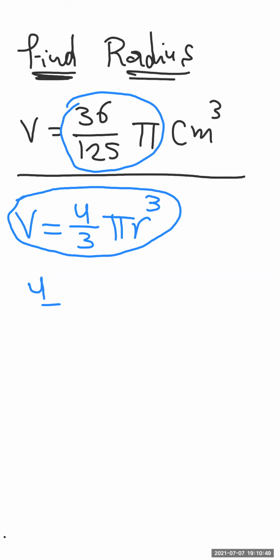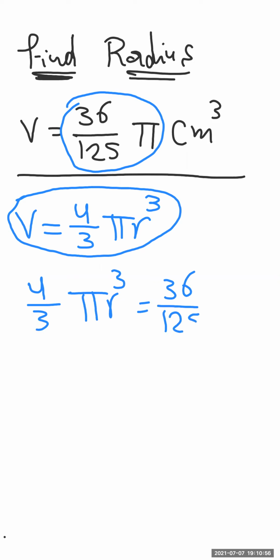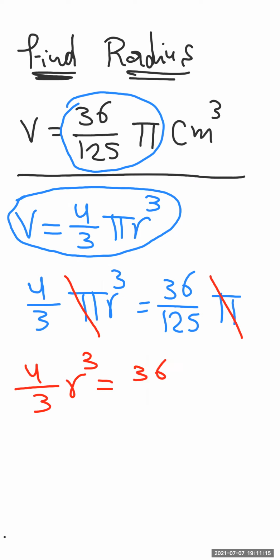So 4 over 3 pi r to the power 3 will equal 36 over 125 pi. Now, guys, we can simplify the two sides by terminating pi from here and here, or dividing the two sides by that one pi. So now 4 over 3 r to the power 3 equals 36 over 125.